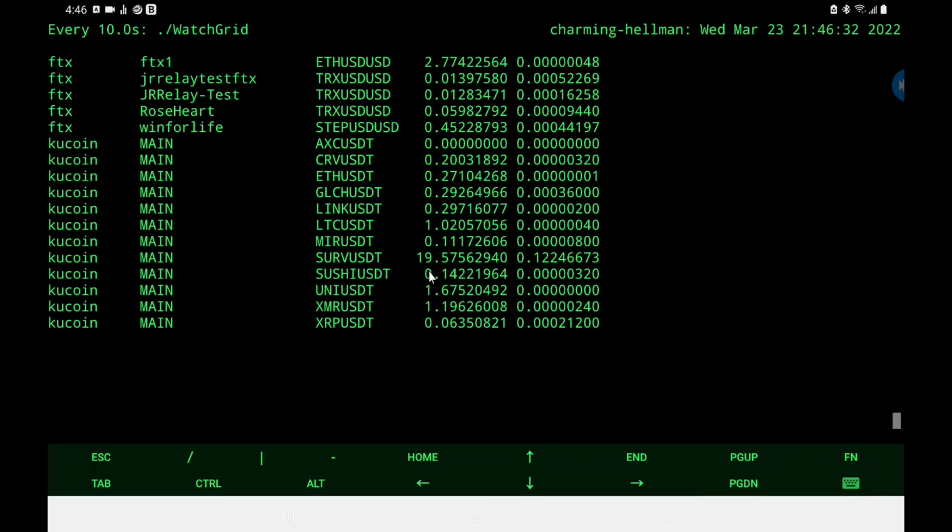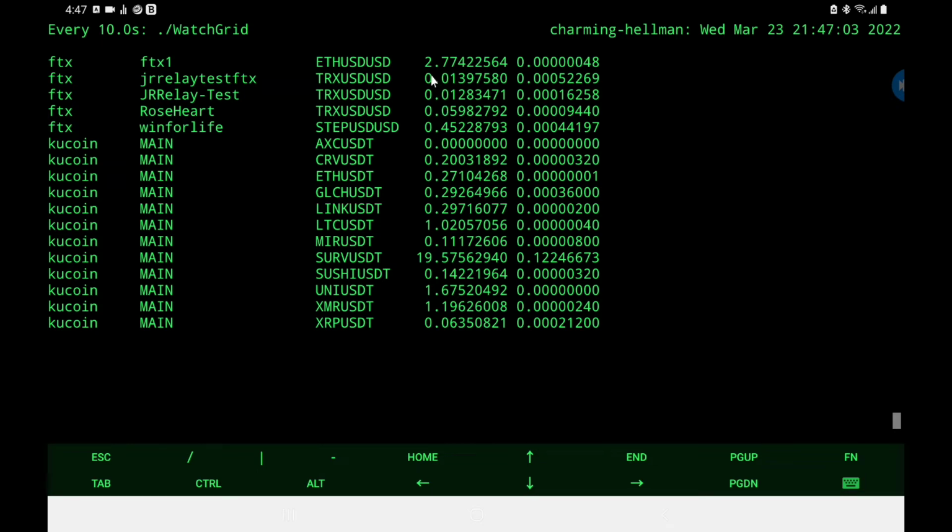This is only 4 days old, and I have realized $19.57 trading only at 0.3%. Now I'm using 20 lots on this, but as you can see, my realized profit for every single sell is 12 cents for this particular coin.